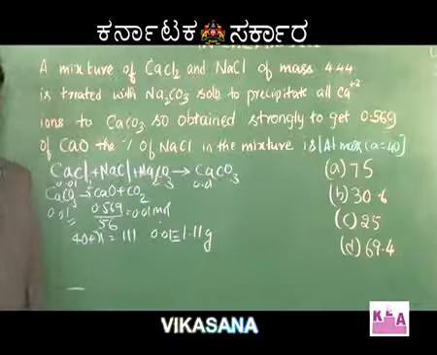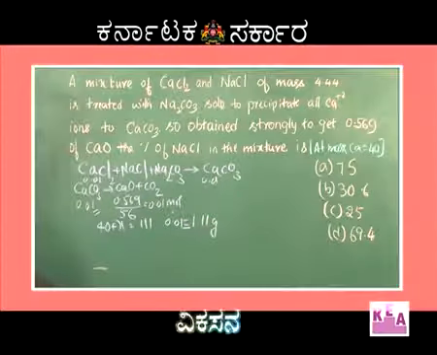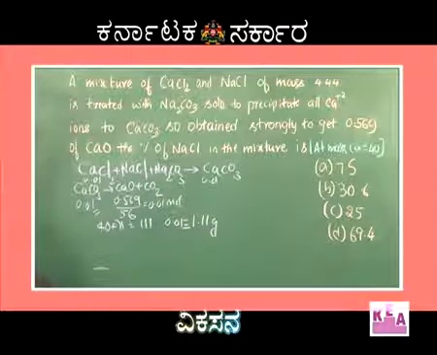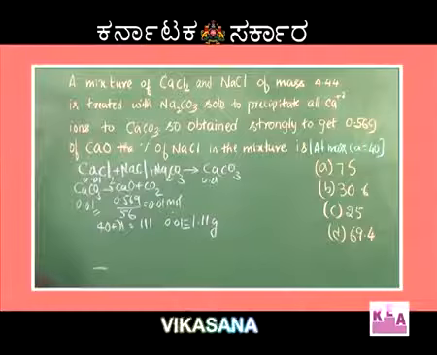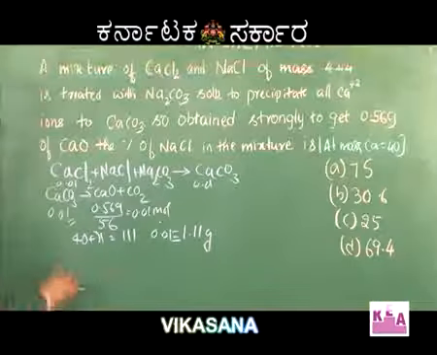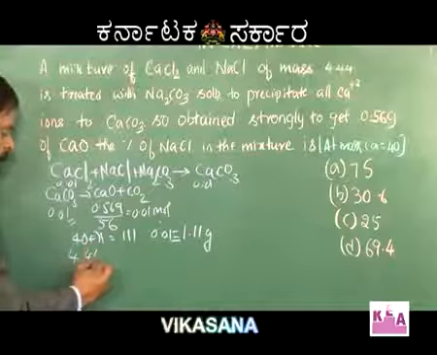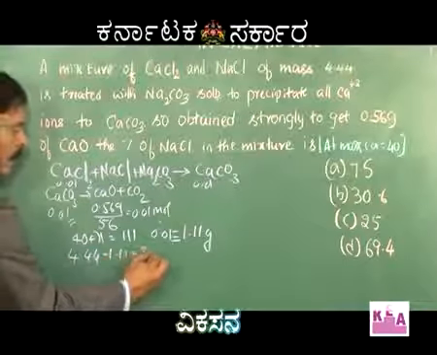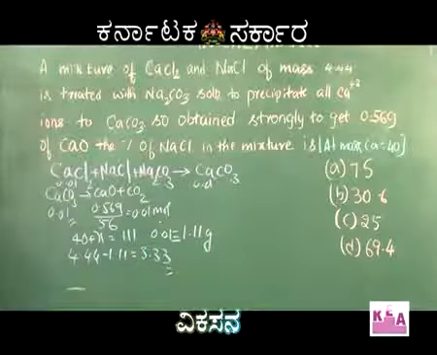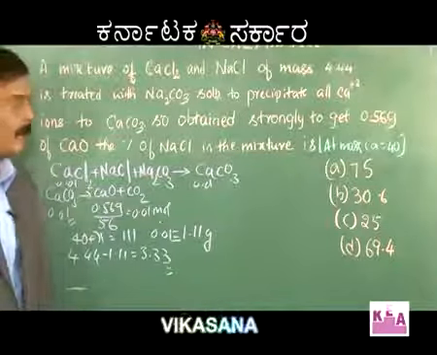Now, what do we have in the mixture? We have 4.44 grams of calcium chloride and sodium chloride. Therefore, the amount of sodium chloride in the mixture will be 4.44 minus 1.11, that is equal to 3.33. But what is asked in the question?